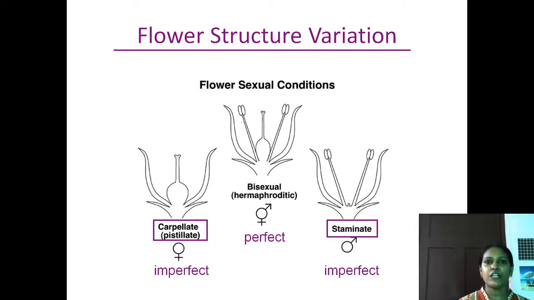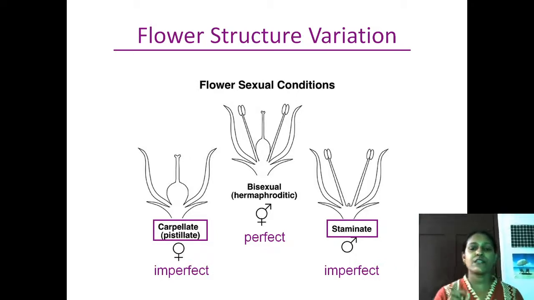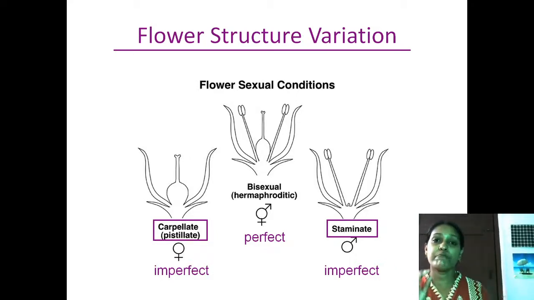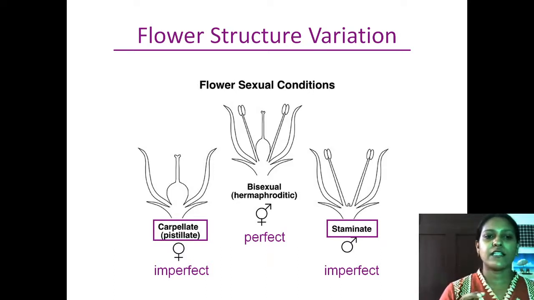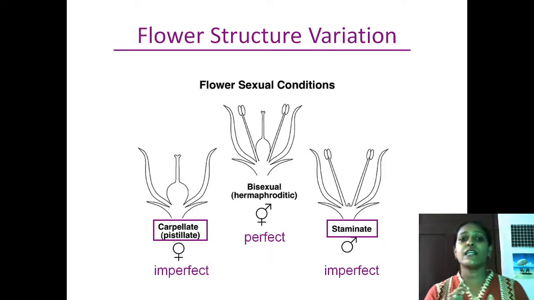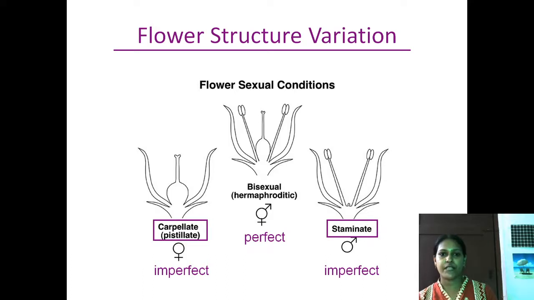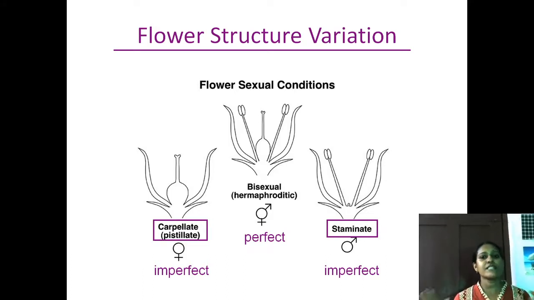Now we will move to the structural variations. There are imperfect flowers and perfect flowers. Why is it called imperfect? Imperfect in the sense that there is only a single reproductive structure. Some flowers will have the carpellate condition, some flowers will have the stamen condition.